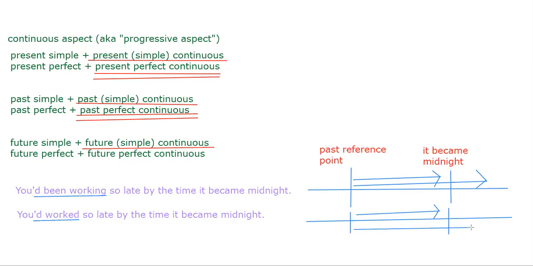It doesn't go any further. If you try to drag it across here, it wouldn't work, that's not what it would mean. So with the past perfect, there's no implication of an action that's continuing.